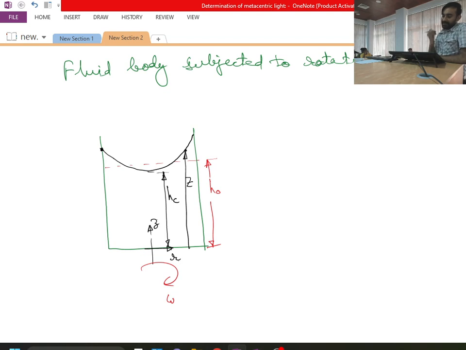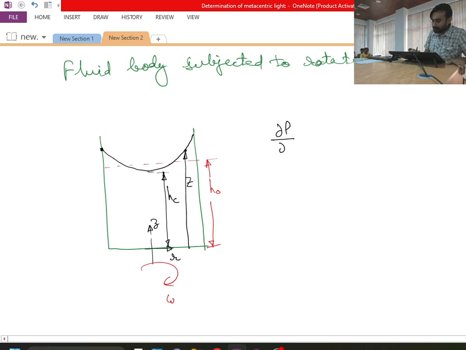If I take that azimuthal direction for the motion of a fluid element as a rigid body, will I have any variation in the theta direction? No. So I can clearly say from here that del P by del theta equals 0.